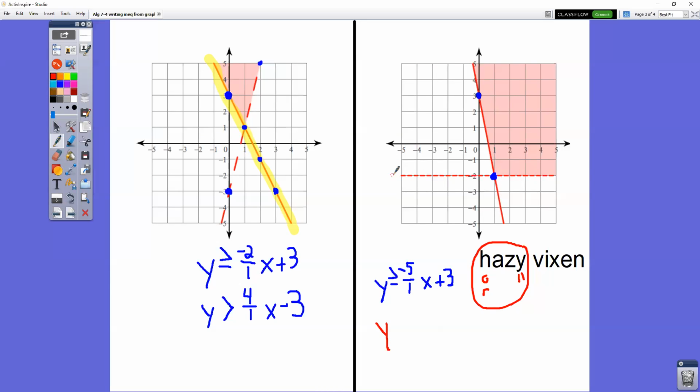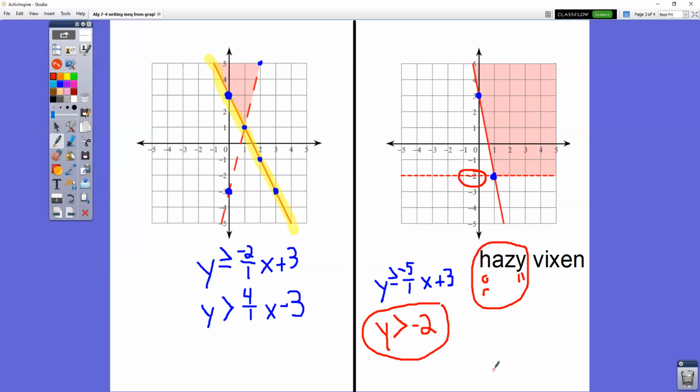Where is this horizontal line at? Well, this horizontal line is at negative 2. So I know I'm going to have a negative 2. And now, where am I shading? I'm shading above that line, and it's dotted. So above would be greater than. It's dotted, so there is no equal to. So that line is y is greater than -2.